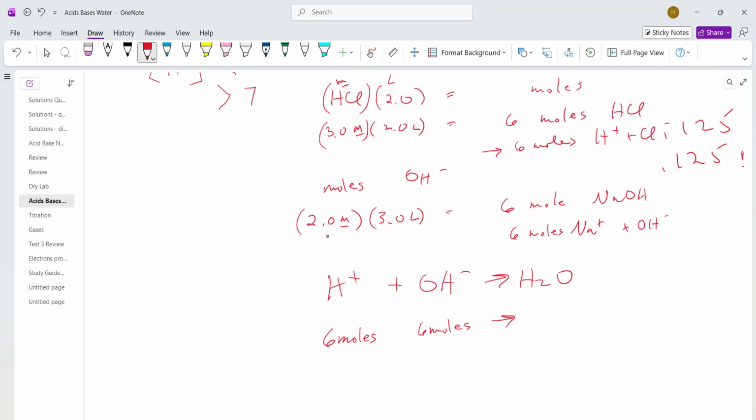How much water did we make? 6 moles. How much H is left over? None. OH? None. So this is a perfectly balanced neutralization. So what do you think the pH of the water is going to be? 7. It'd be 7, because 7's neutral. 7 means neither excess H nor excess OH is around, perfectly balanced.